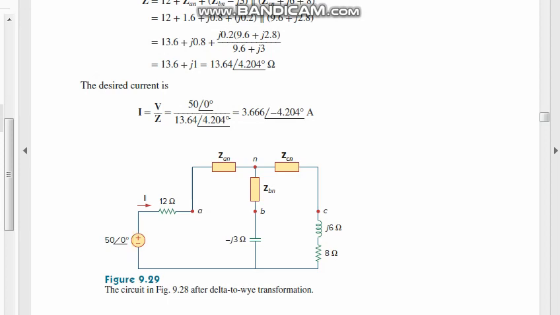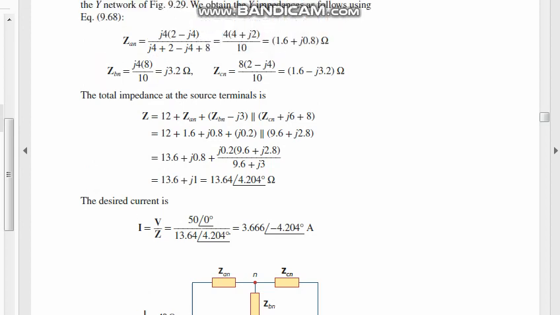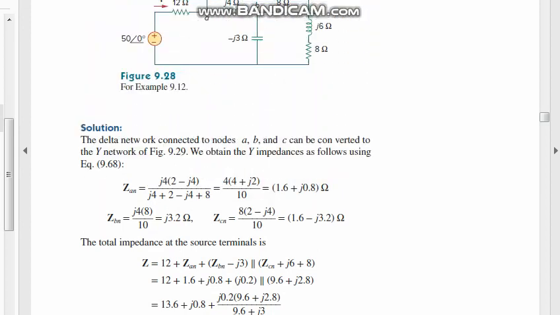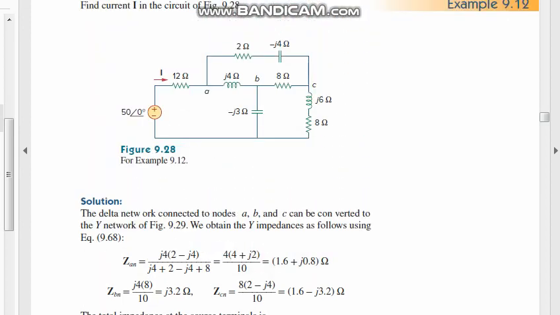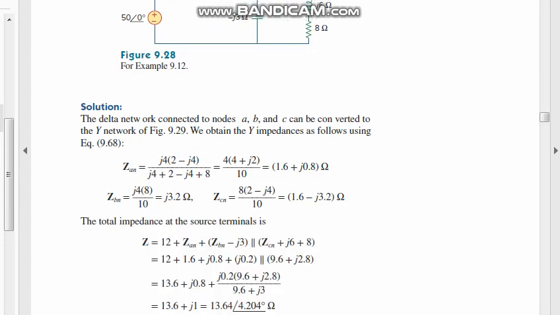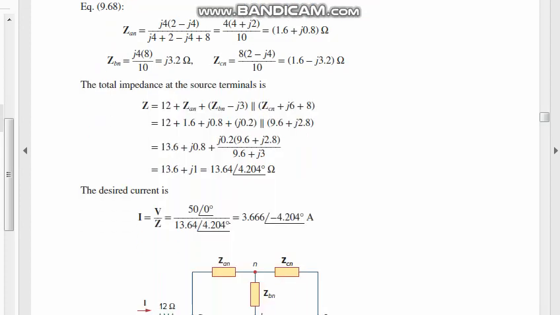You can easily calculate this by doing this. Here 50 degree is given. It's in phasor form, so it will be easy for you to calculate. From Ohm's law, V is equal to I Z, I is equal to V by Z. You can get this.